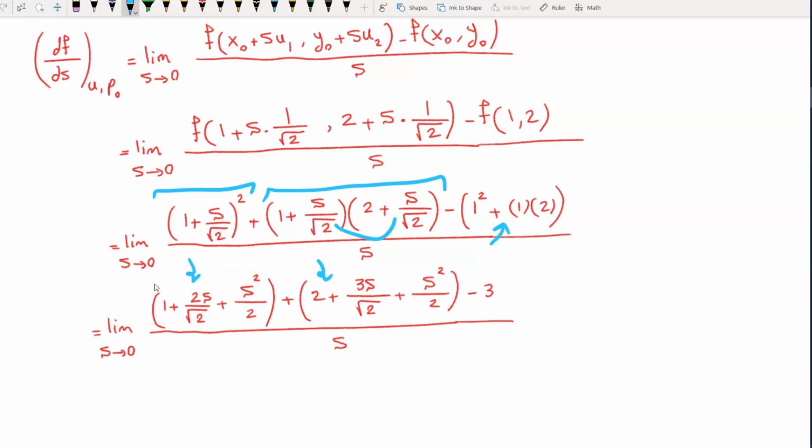And for this part we have 1 squared plus 1 times 2, so that is 3. So subtract 3 and then divide by s.